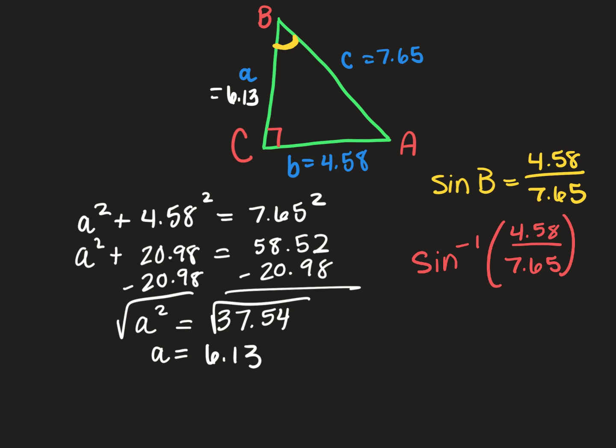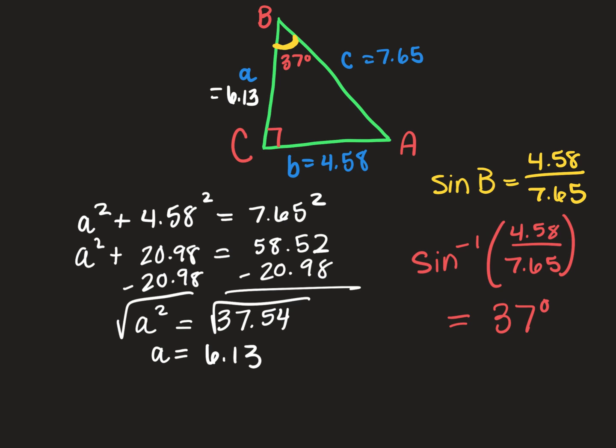And that is going to give you an angle. Now, for these, round your angles to the nearest whole number because it's going to make your life easier. 37. So that gives you 37 degrees. So we found that angle B is 37.